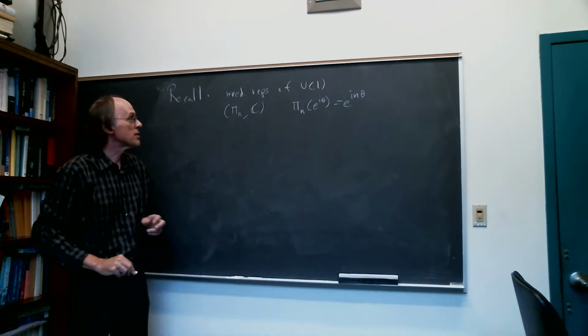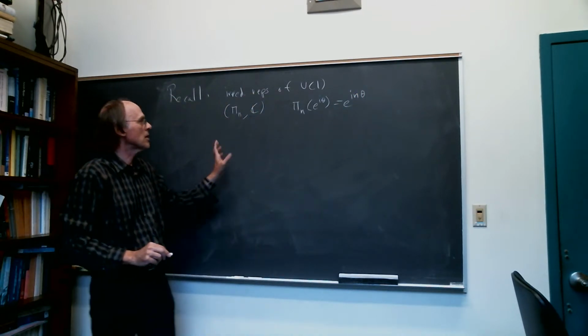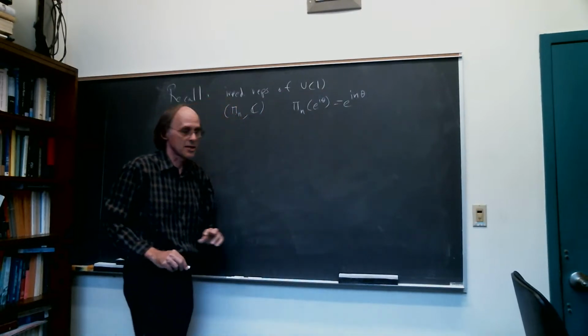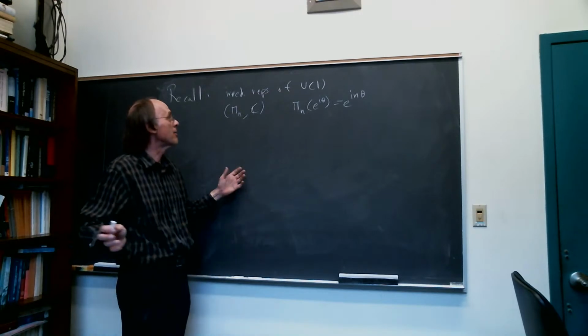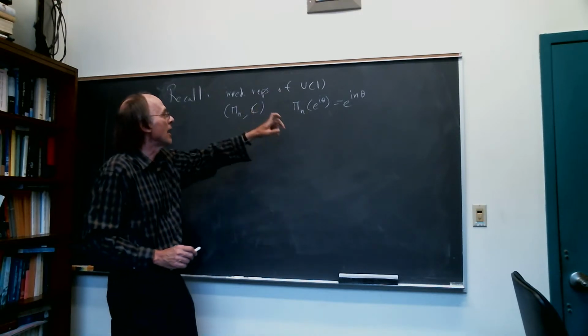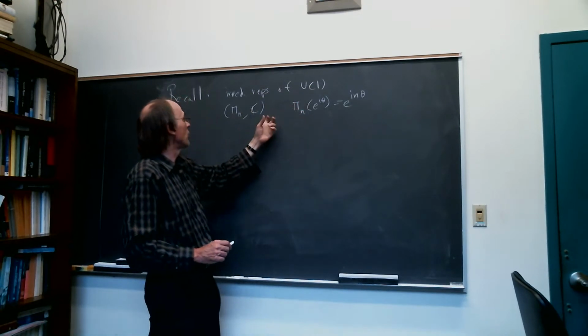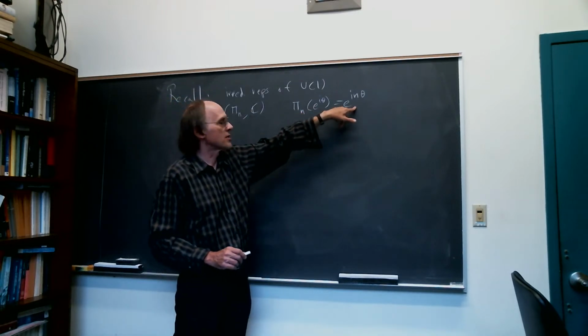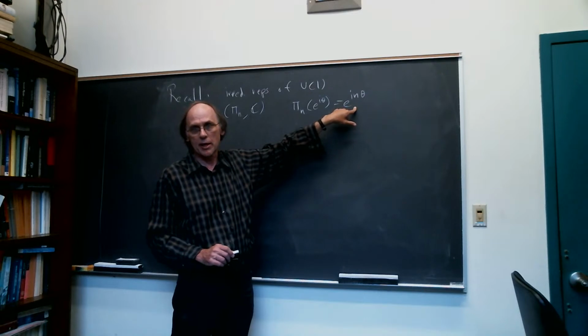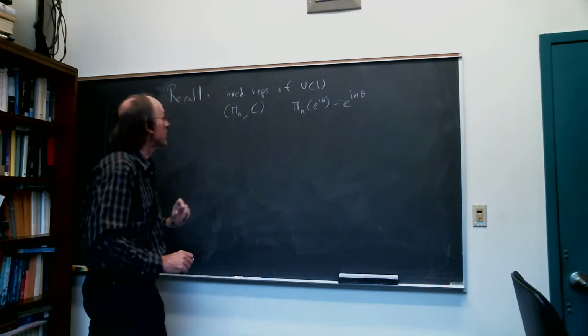Okay, so this was in some sense a construction of all representations of U1. You can break them down into one-dimensional pieces, and on the one-dimensional pieces, this group element goes to multiplication by this number. Okay, so that was easy.